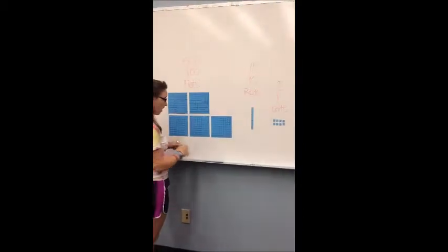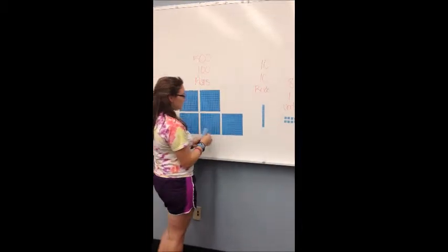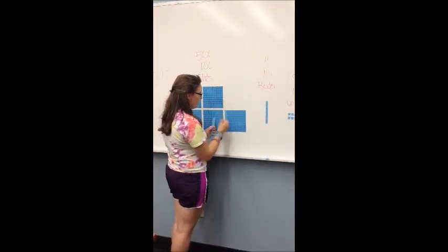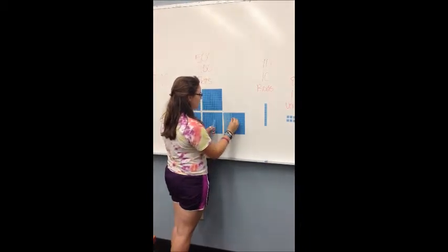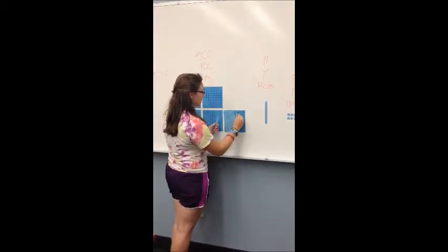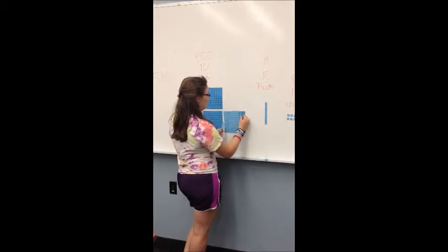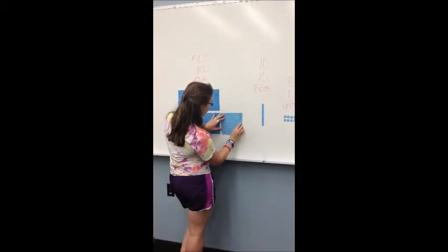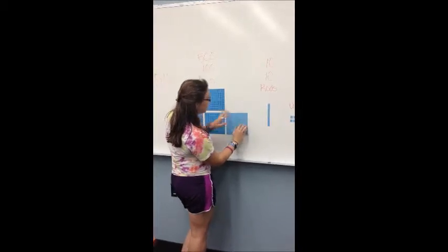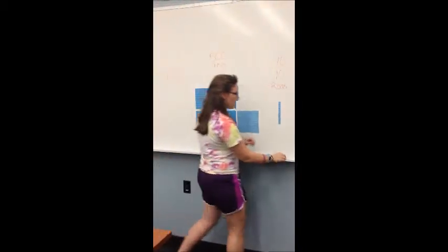When you use base 10 blocks, if you have 10 rods, they also equal 1 flat, because 10 tens equals 100.